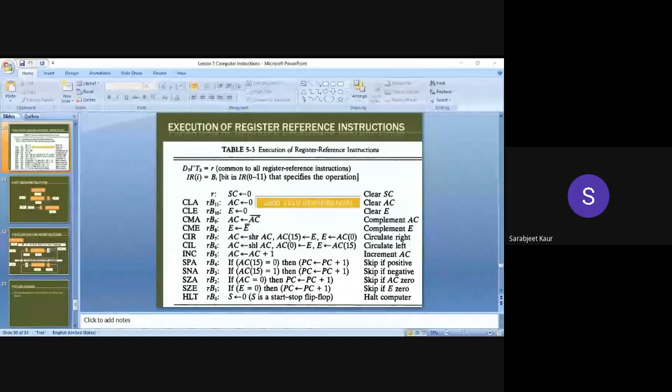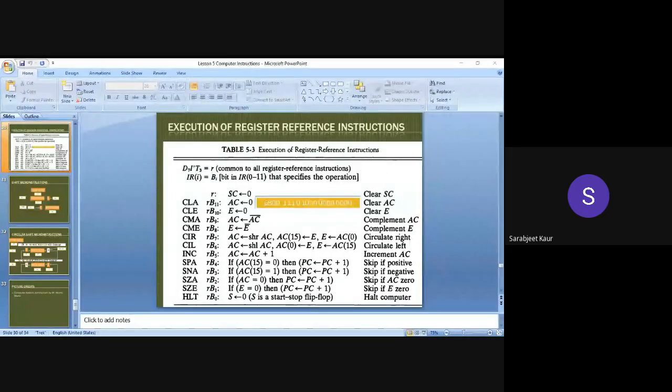as you could see here in the flowchart we had discussed, the register reference instruction is executed in the time signal T3, right? So these three prerequisites are to be satisfied, first of all, for the execution of any of these register reference instructions, and commonly they are denoted by a single letter R here.